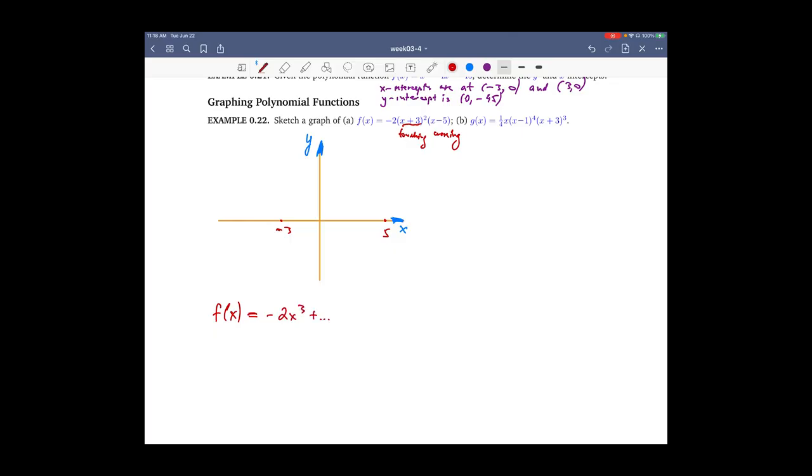And there will never be any terms of degree higher than 3. So f will behave at infinities like a negative cubic parabola: positive infinity at negative infinity and negative infinity at positive infinity. So we can draw the graph.